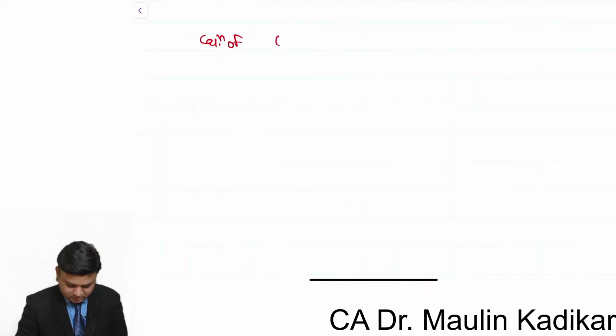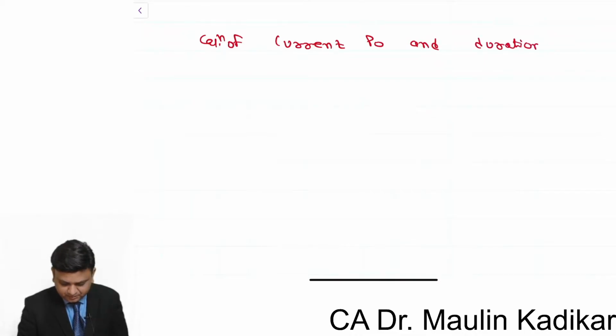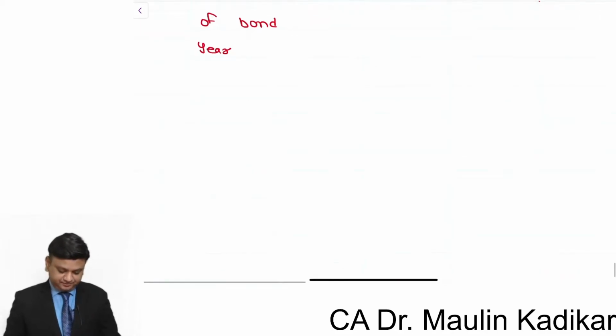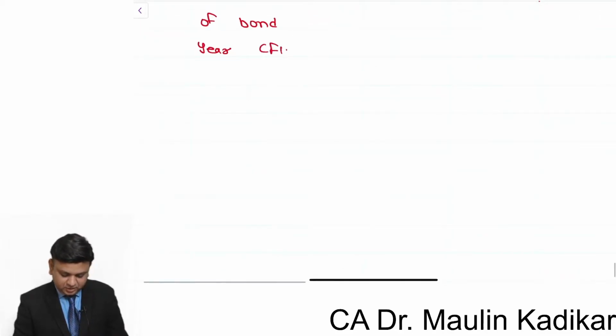Calculation of current P0 and duration of bond. Column number 1 is year. Column number 2 is cash flow.